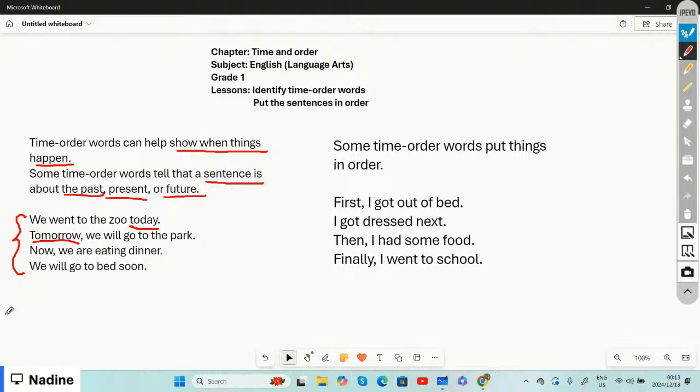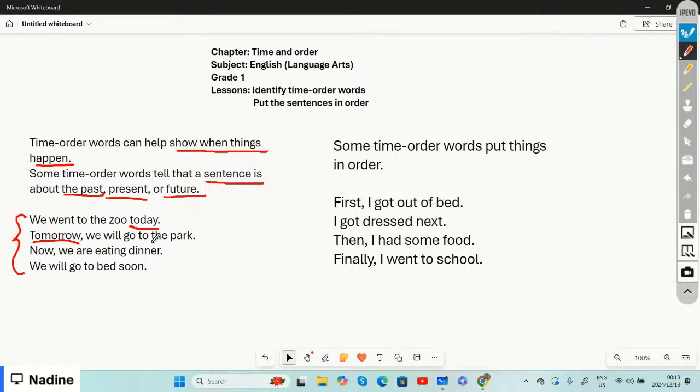So our time order word over there is tomorrow. And tomorrow shows us when things happen.